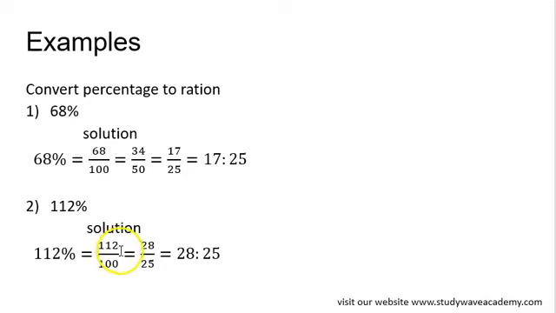So when you divide till you get to the simplest form, you have 28/25. Okay? So the ratio form is 28/25. And the fraction form is 28/25. So the ratio of 112% is 28/25. Okay? Did we understand that?